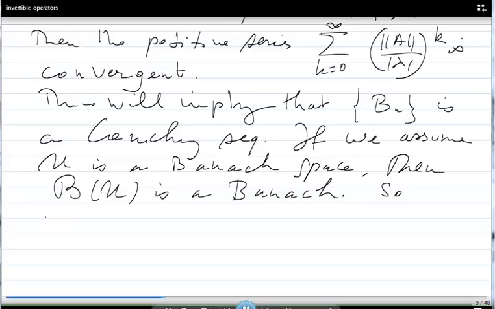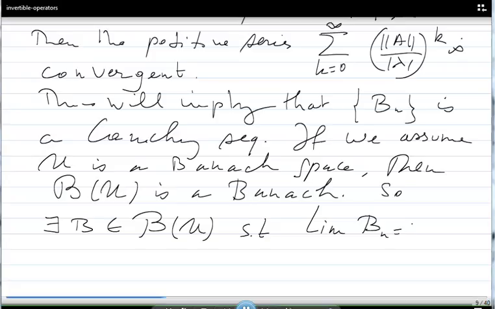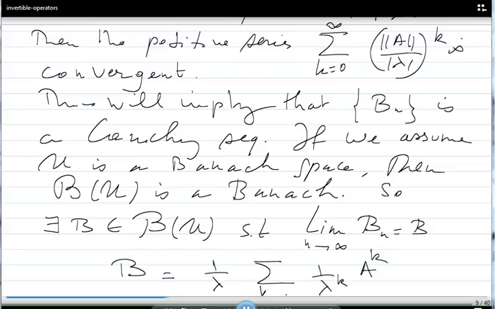So there exists B, an operator in B(U), such that the limit of the Bn's is equal to B when n goes to infinity. And as you can see, the Bn's are just the partial sums of a series. In other words, B is the total sum of the series 1 over lambda, sigma of 1 over lambda to the power k, a to the power k, k from 0 to infinity. So we do have a convergent series.